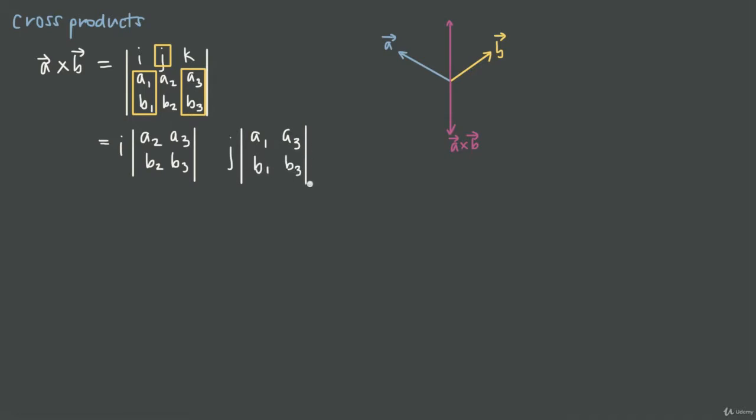Notice how we're leaving the orientation of these values the same. Then we go to the last entry in the first row, and that's k. We look at everything outside of k's row and column, and we put those together: k multiplied by the determinant of A1, A2, B1, B2.